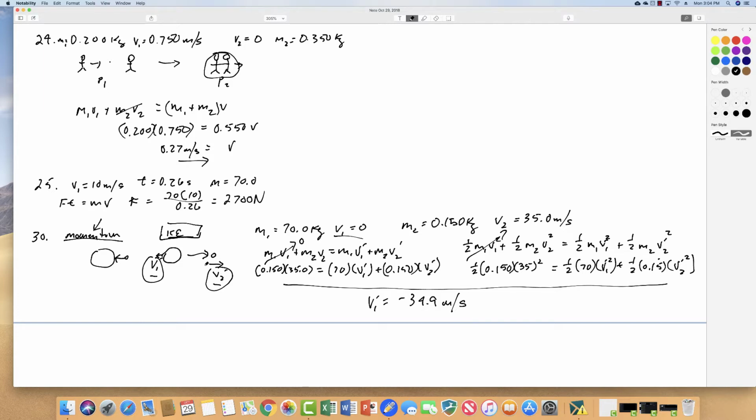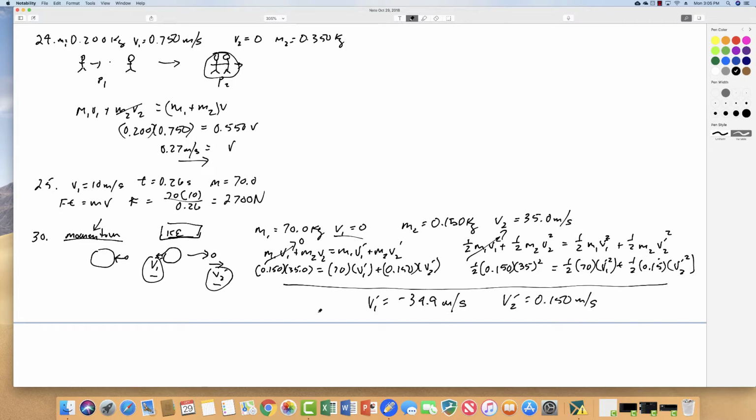You can see that it's going in the opposite direction, so it's going to be minus, and that V2 prime is equal to 0.150 meters per second. And those are the answers.